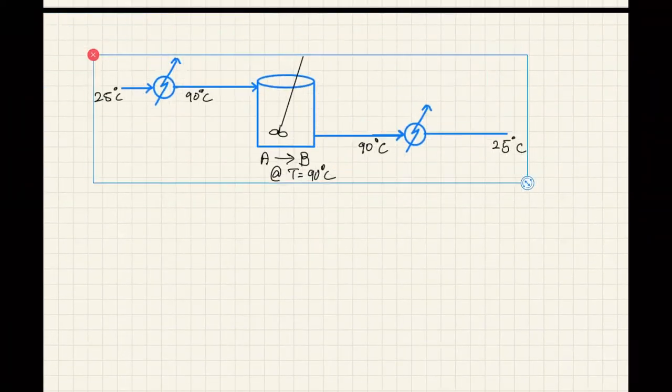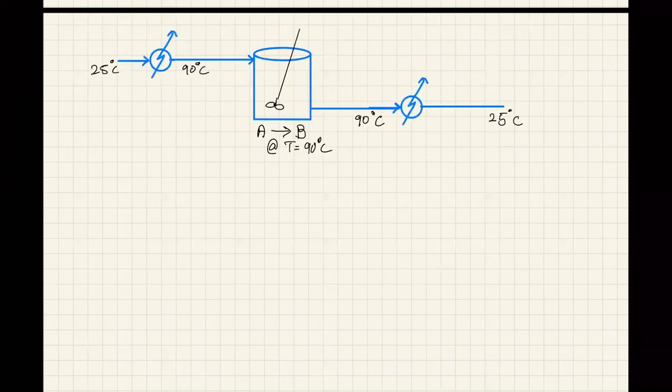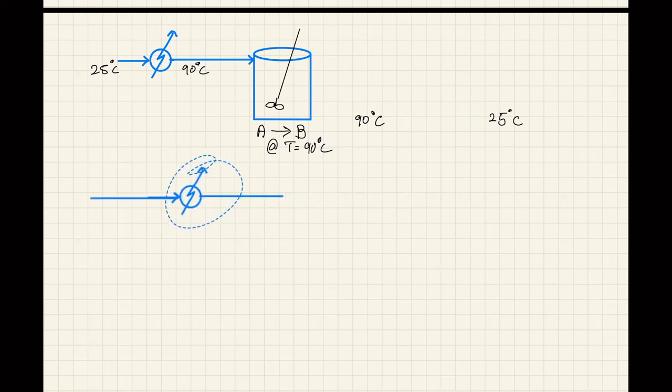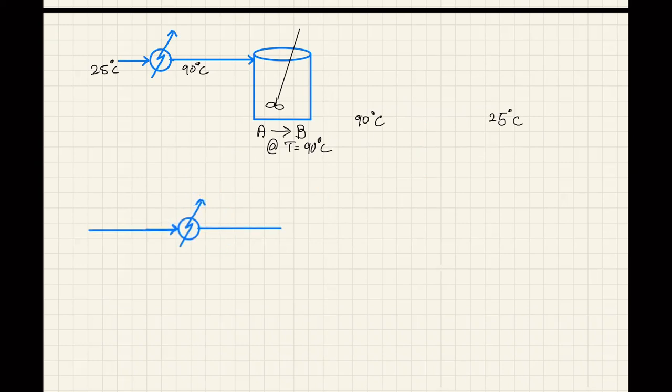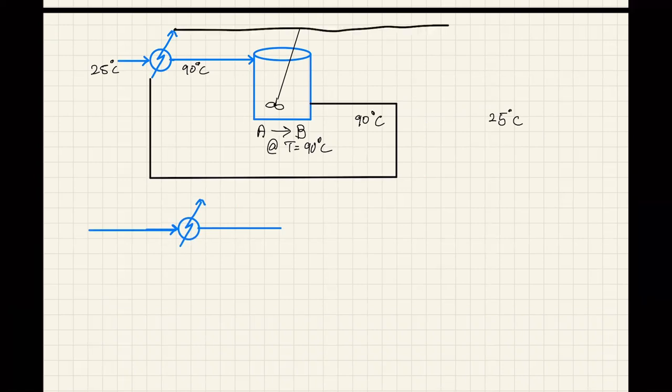So this was your first design of the process. Now you try to make a new design for this process, wherein you take out this exchanger, and now your product is fed to this exchanger.